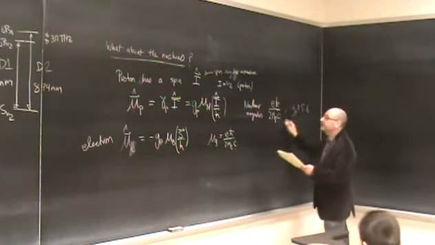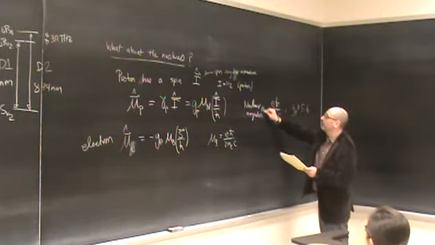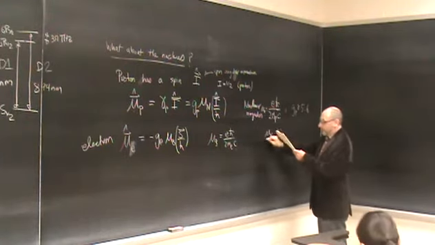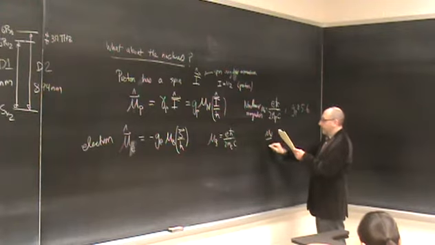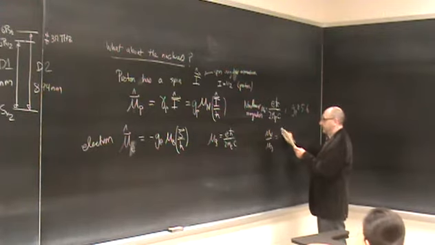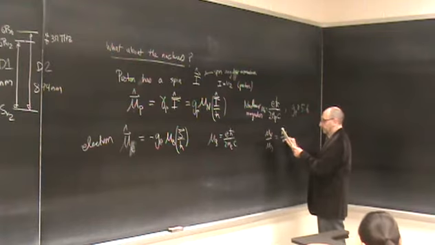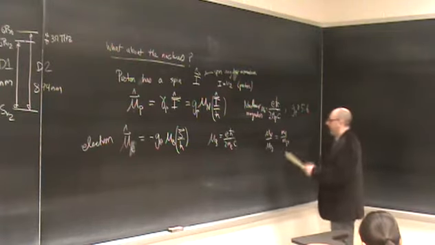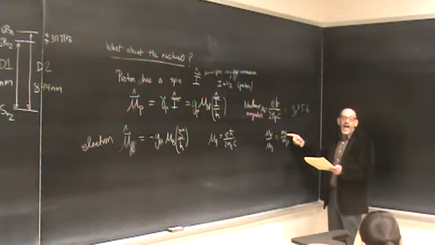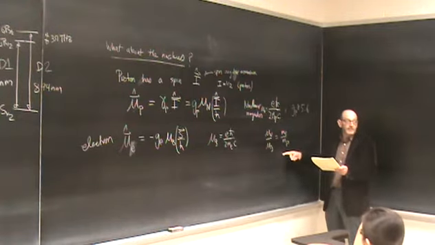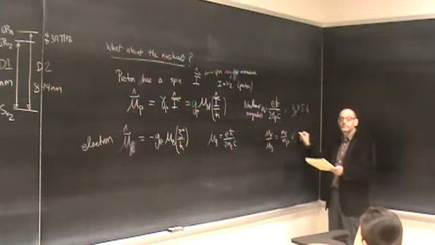The nuclear magneton, which we called mu N, divided by the Bohr magneton is this ratio, and that's a half of a MeV divided by a GeV, right? So this is very small.